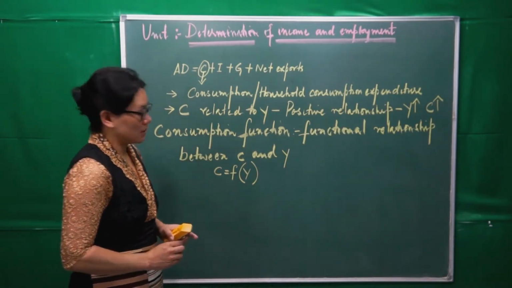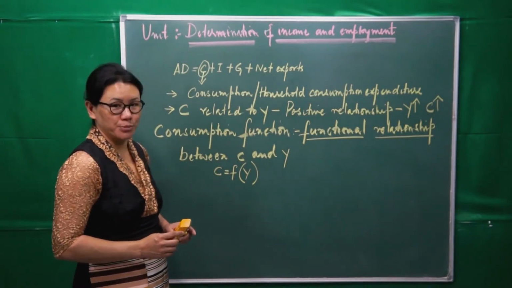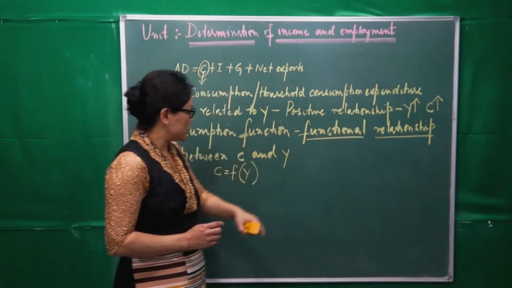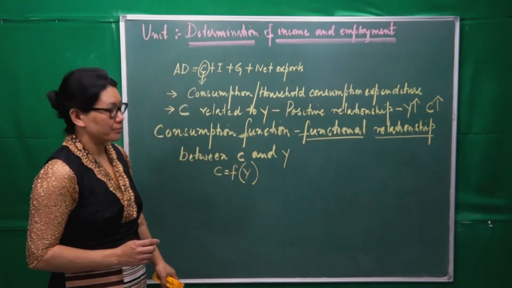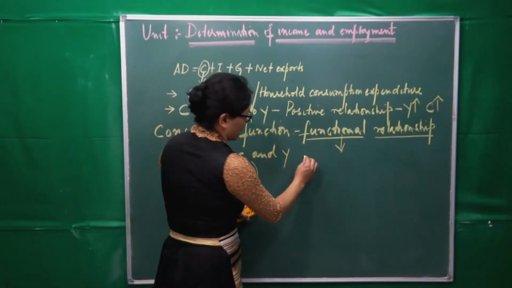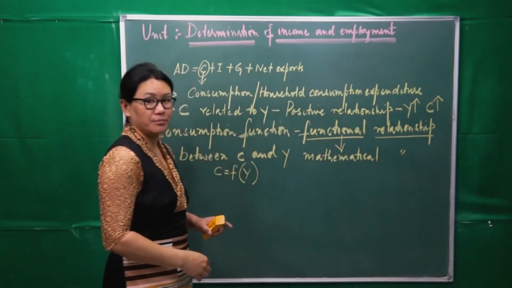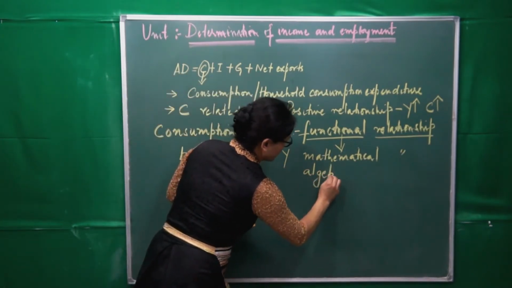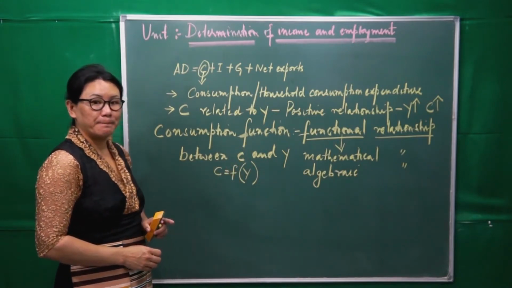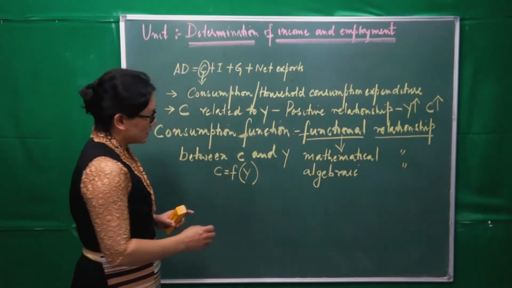Now, when we are saying functional relationship, what does it mean? See here, the consumption function is the functional relationship between C and Y. When we are talking about functional relationship, it means a mathematical or algebraic relationship between C and Y. Okay. Now, mathematical relationship. See here.